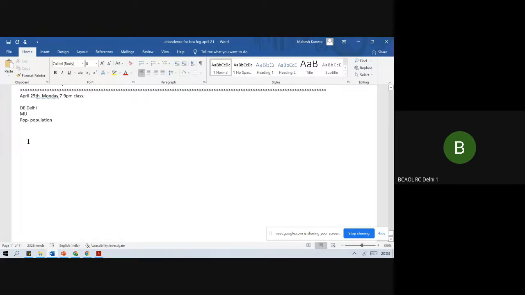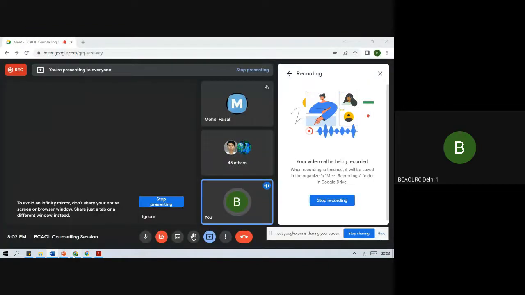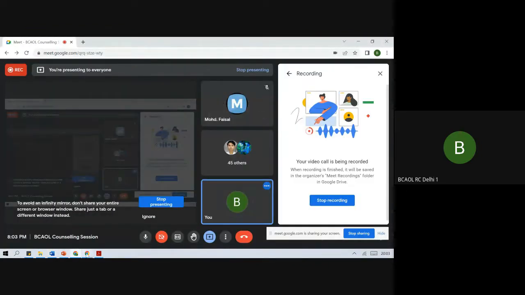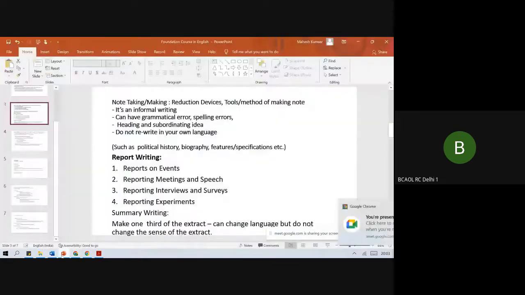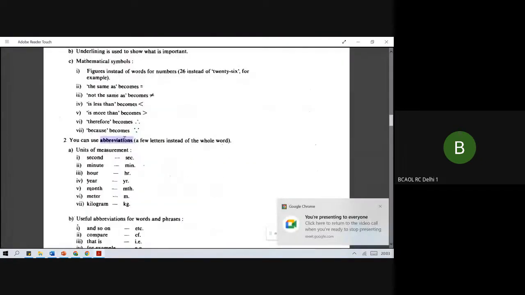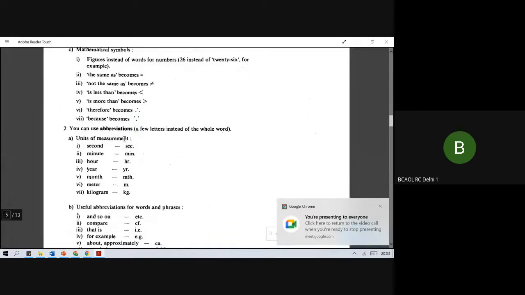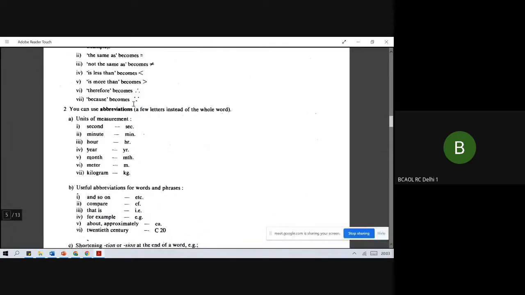Make a table of those abbreviations at the bottom of your note. If abbreviations are not applicable in your note taking, you don't have to prepare that table of abbreviations.